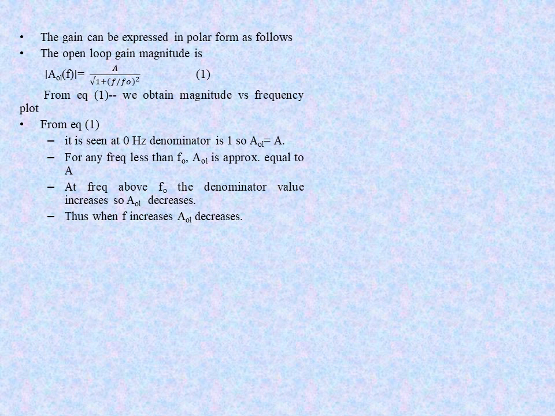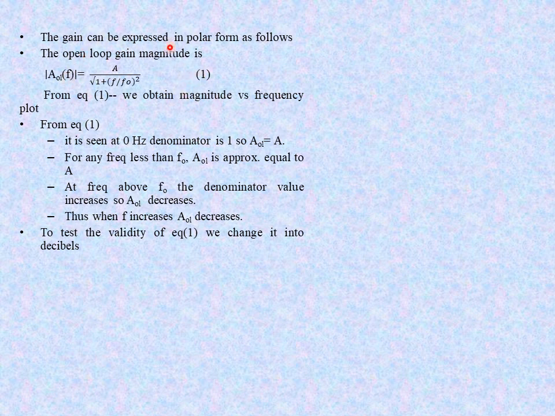For any frequency less than F0, AOL is approximately equal to A. And at frequency above F0, the denominator value will start increasing, so AOL will decrease. So as F increases, AOL decreases. All these conclusions are drawn by the help of equation 1.